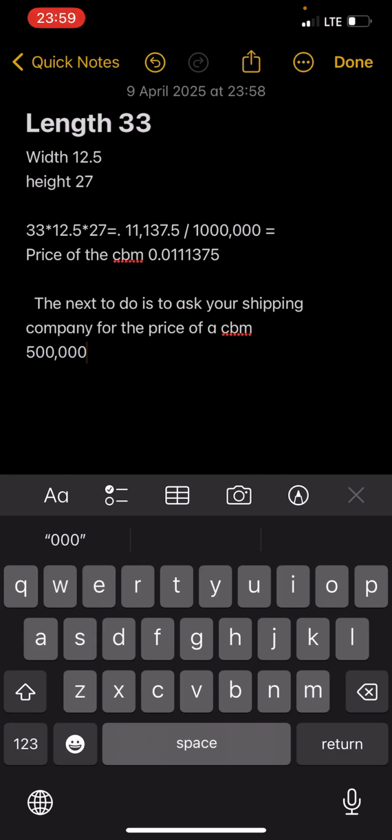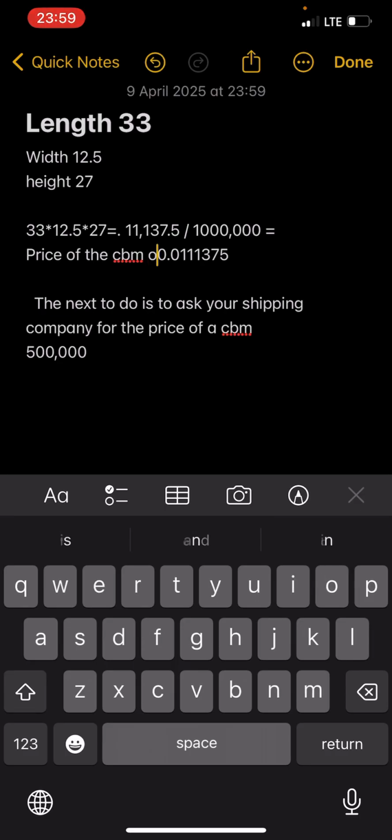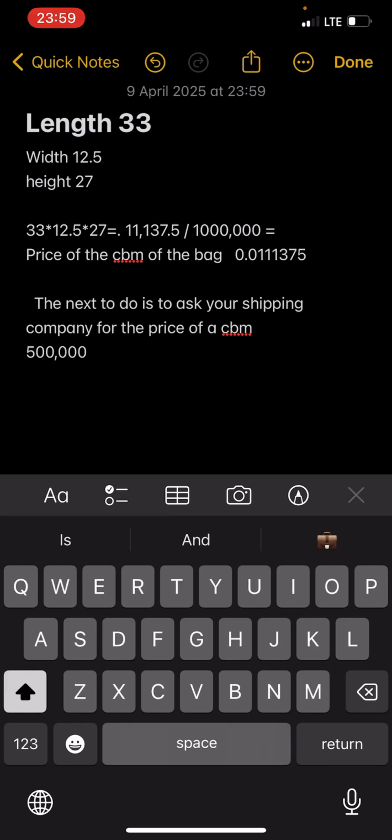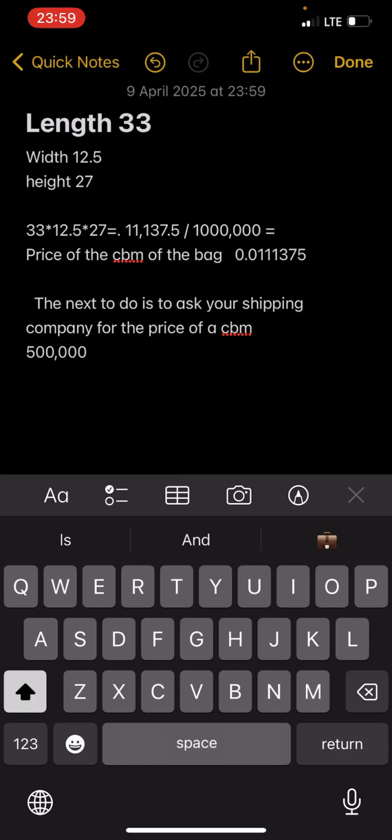You already know the CBN of that bag. This is the price of the CBN of the bag.